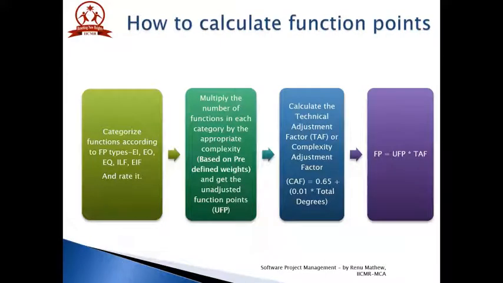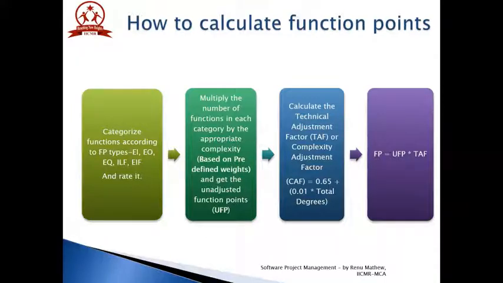Now let us learn the method for calculating function points based on all the 5 categories of function points and based on the technical adjustment factors. The first step is to categorize function points into external inputs, external outputs, external queries, ILF and EIF, and then rate them.